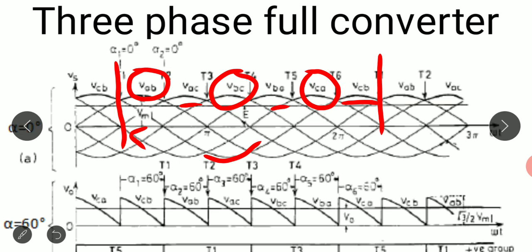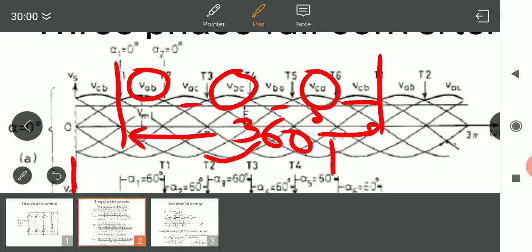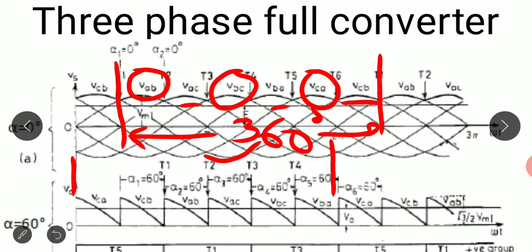This complete duration is 360 degrees. If we analyze from this instant, then 2 pi will come out here, since we are analyzing from this instant, it will come out till here.